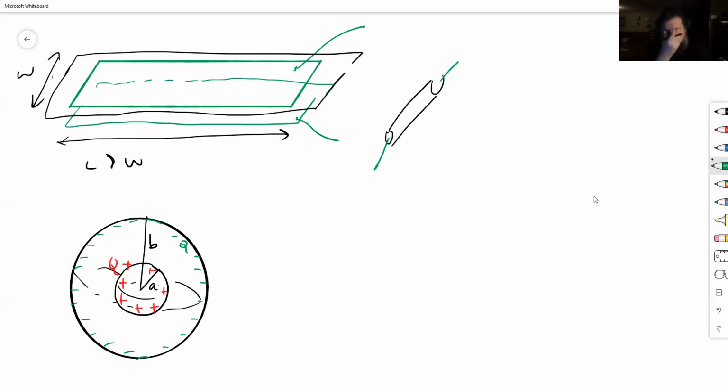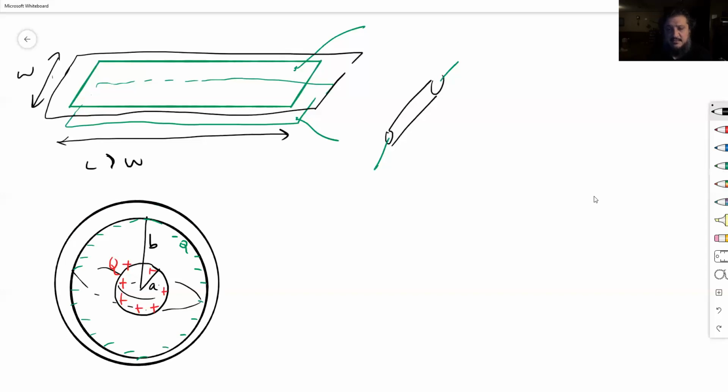Now the outer sphere actually may have a thickness, right? I didn't draw it, but no matter how thin it is, it will have some thickness. So if that's the case, then these negative charges are on the inner side of the outer surface. So on the outside, we'll have again positive charges.